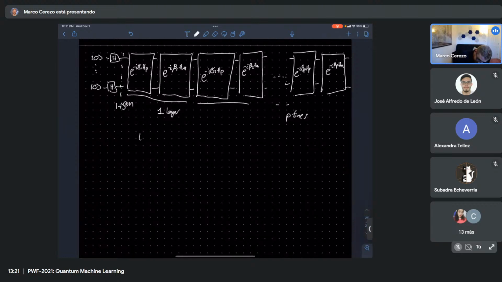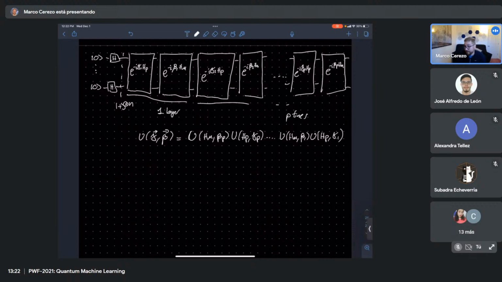And we can express this in a very closed form, where now I'm going to define the gamma vector and the beta vector. And this is just essentially going to be this, let's be explicit at least one time. U of mixer Hamiltonian with beta P parameter, U of problem Hamiltonian with gamma P parameter, and so on until U of mixer Hamiltonian with beta 1, U of problem Hamiltonian with gamma 1.